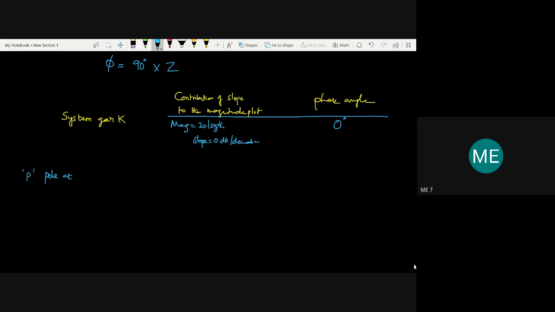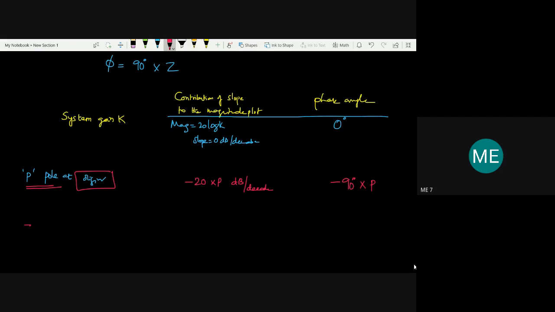Say p number of poles at origin, the slope contribution is minus 20 into p dB per decade. What is the phase angle contribution? That is minus 90 degrees into p.